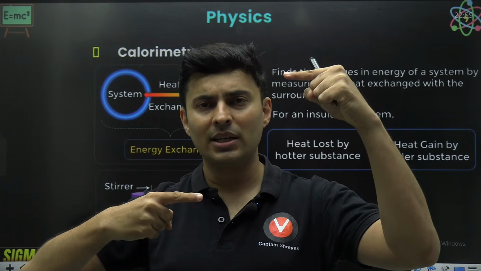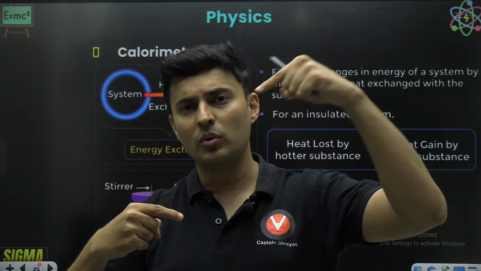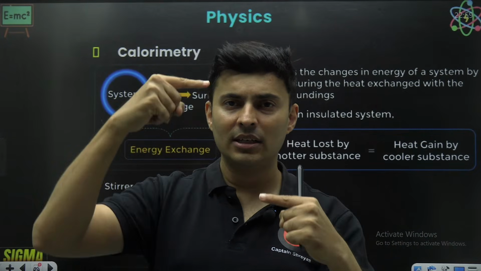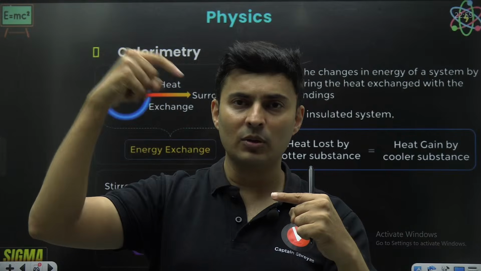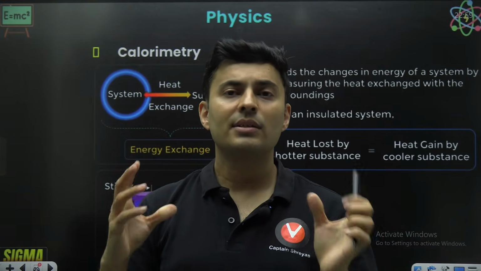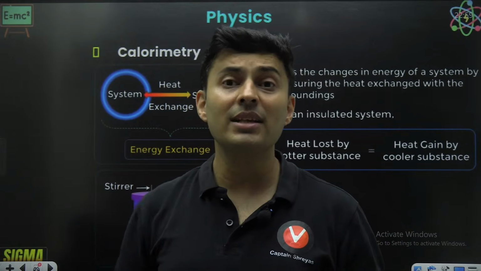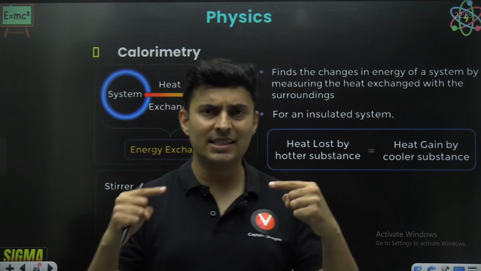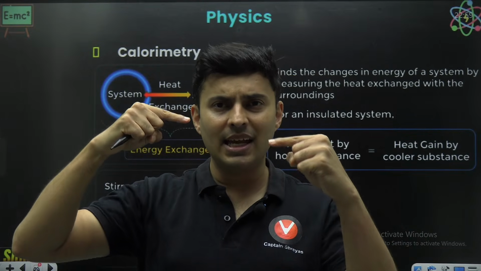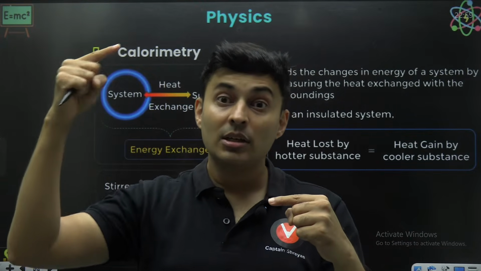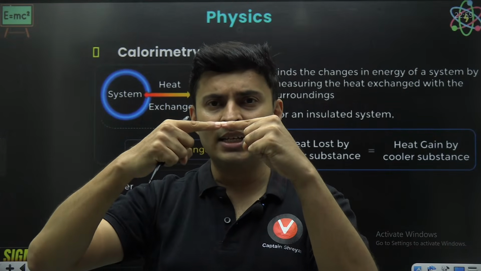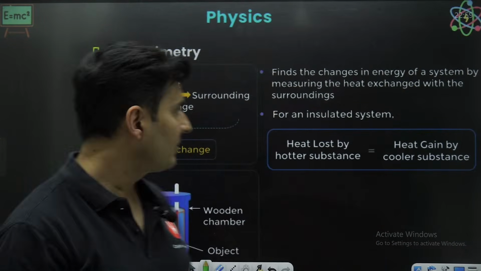One is hot, one is cold. Heat will flow from hot to cold until both their temperatures equalize. So this is exactly the principle of calorimetry, which says that the hot body will lose heat and the cold body will gain heat, and the heat lost by the hot body is the heat gained by the cold body until their temperatures equalize.